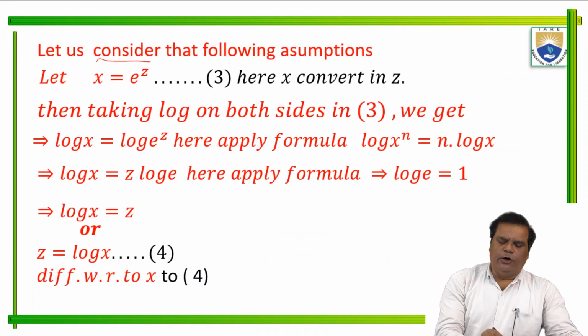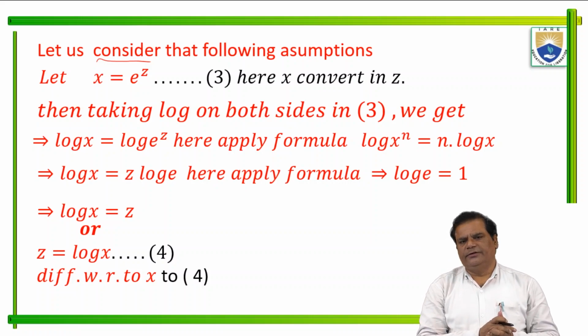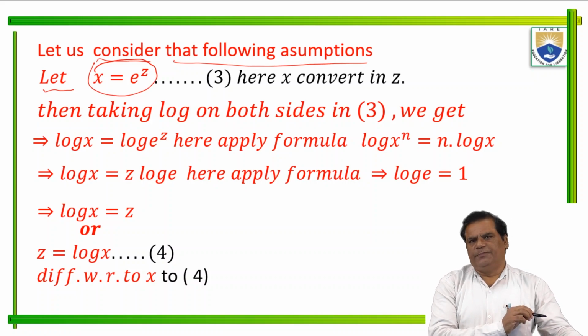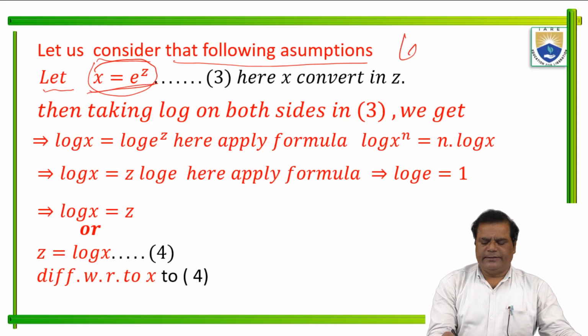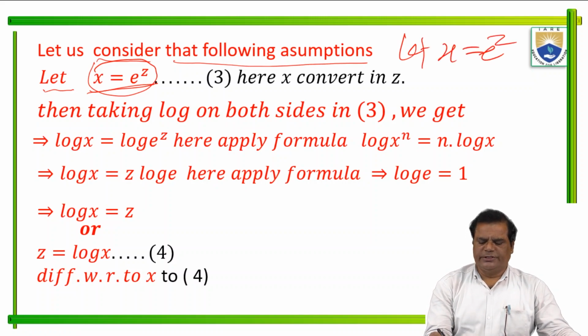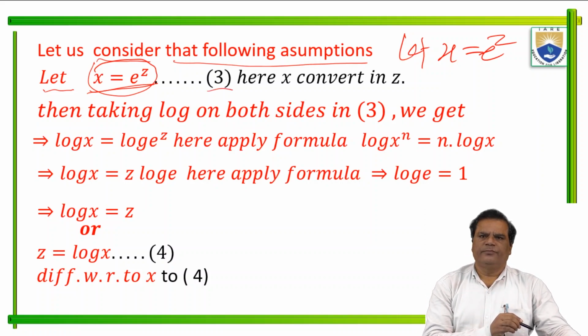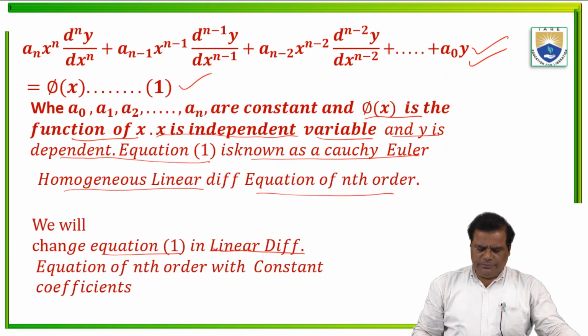Let us consider the following assumptions. We consider x equal to e to the power z. This is the main point. Let x equal to e to the power z. This result we are considering here. This is equation 3.